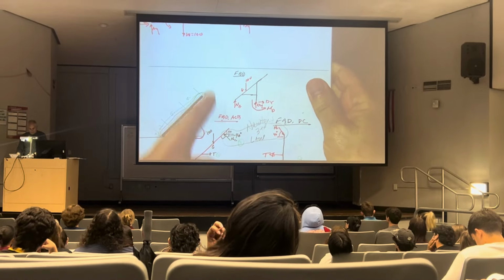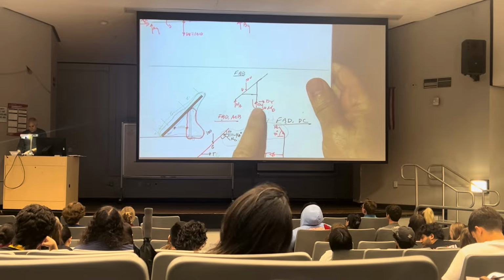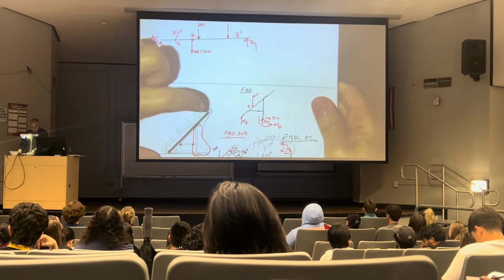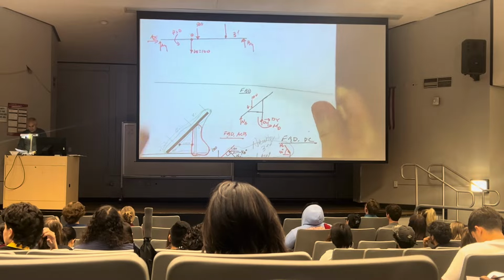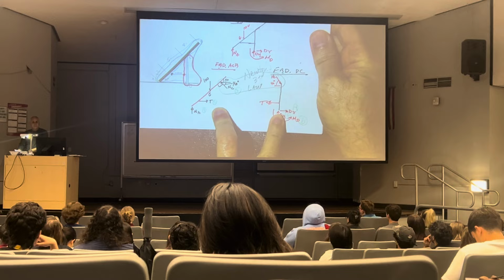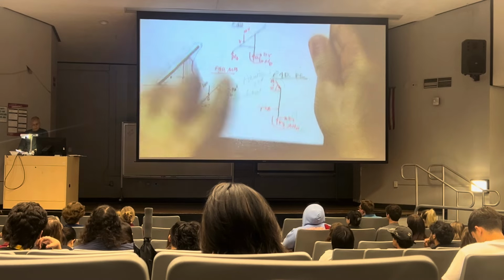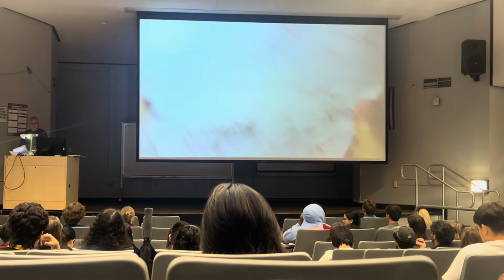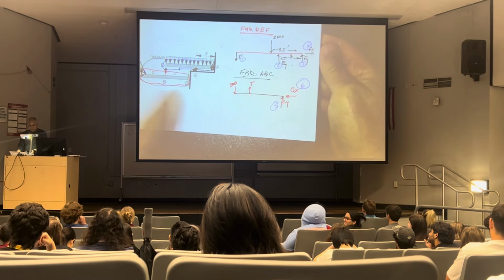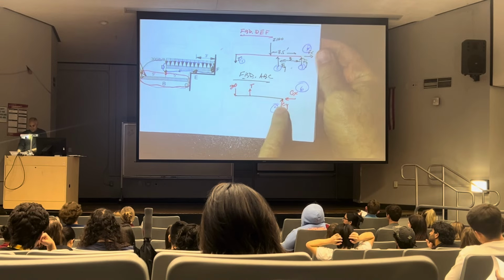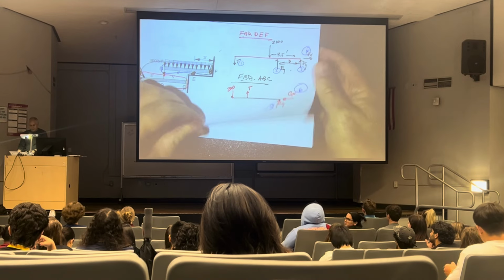If you draw a free body of the whole thing, I'll have 1, 2, 3, 4 unknowns. But if I separate it into an AB and a DC, which is right here, then I'll have 6 equations, 6 unknowns. We have done this for this one. Notice I broke it up into this piece and that piece, right? 6 equations, 6 unknowns.